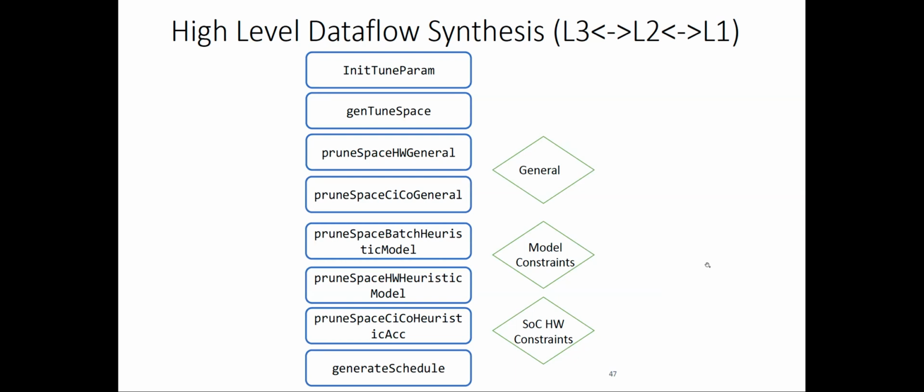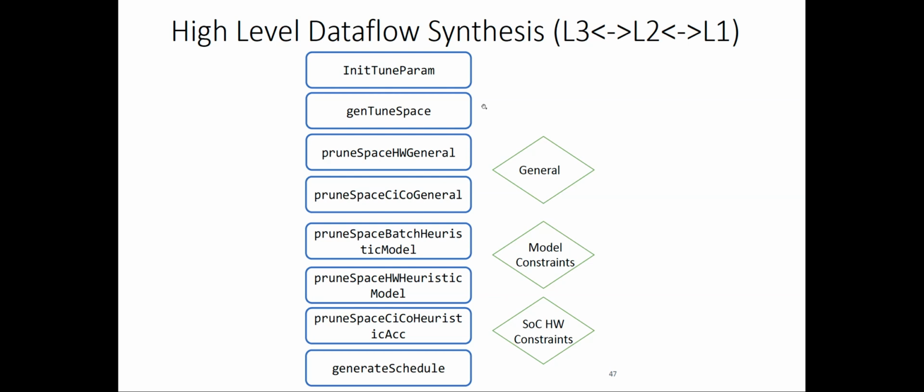So that's a huge design space exploration part, and we build these hierarchies of design space exploration within our framework. So we first initialize the tuning parameters. That's just to list all the valid parameters for each step. And then we generate a huge design space in certain steps.